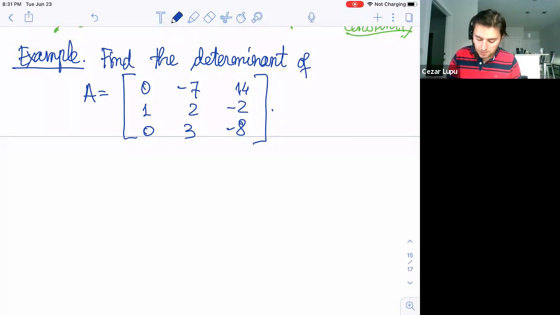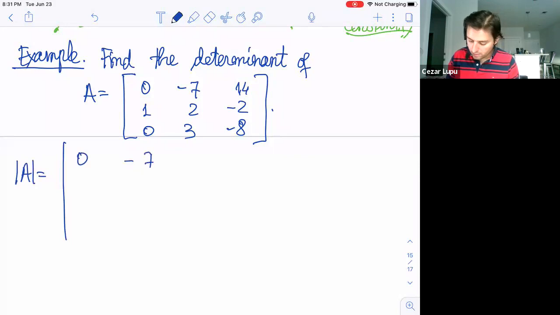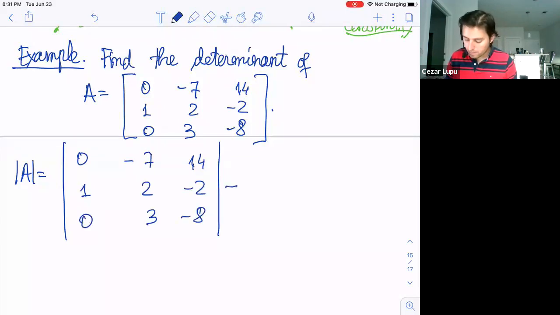So we want to compute the determinant of A, and we want to play with some of the elementary operations.